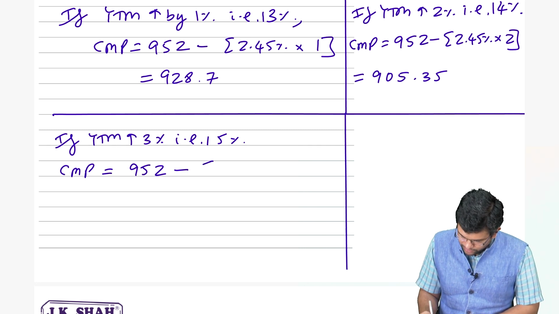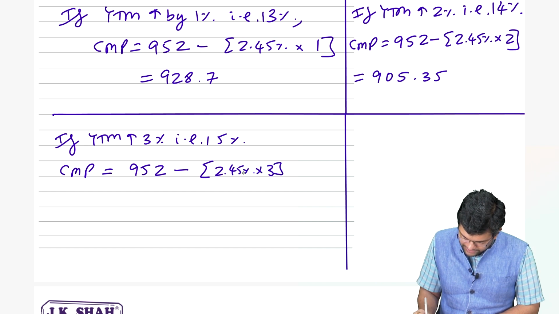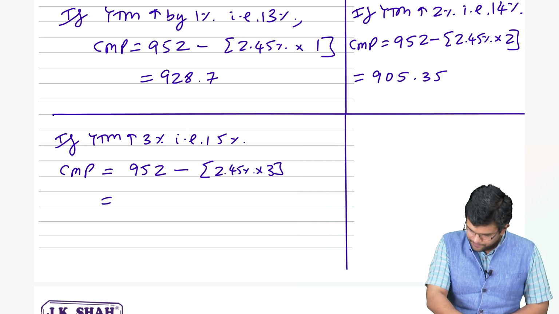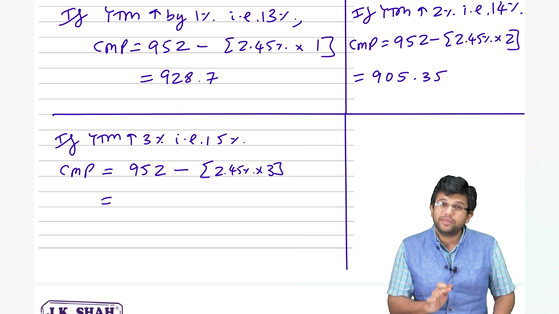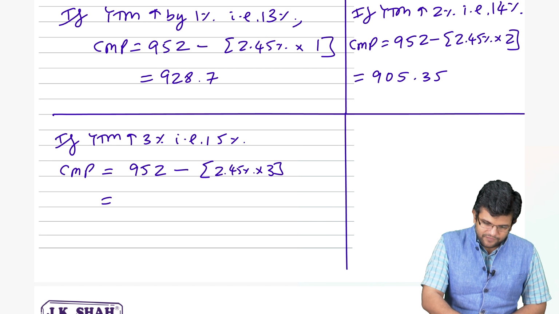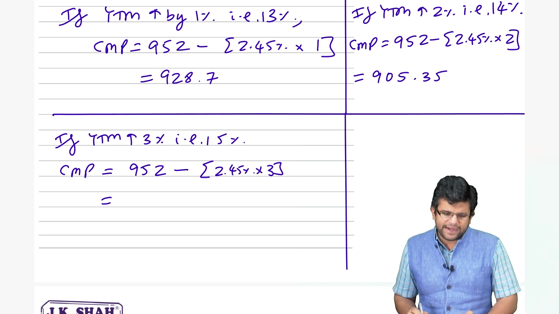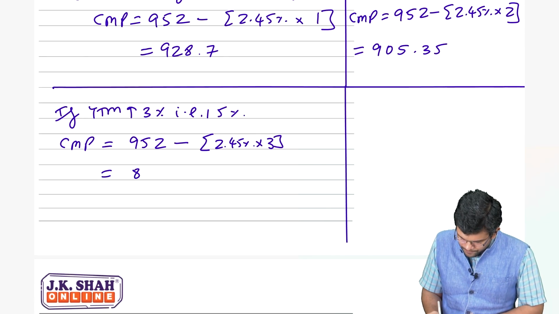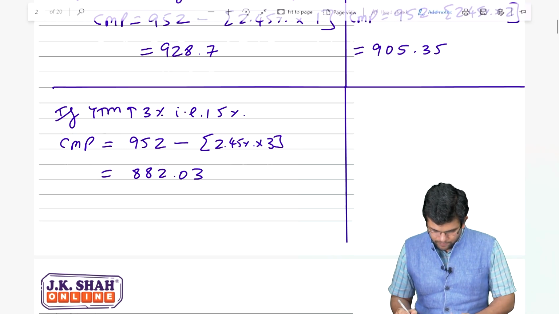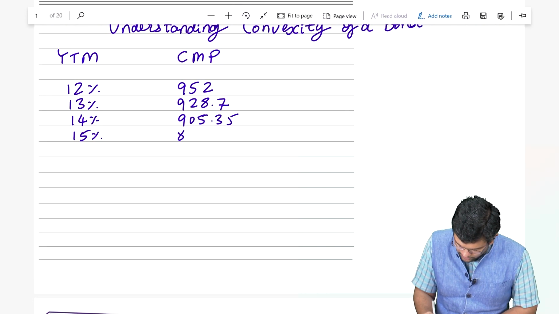So minus 2.45% into 3. On the calculator, 2.45 into 3 is a 7.35% drop. So 952 minus 7.35% gives you 882.03. So the current market price should be 882.03.